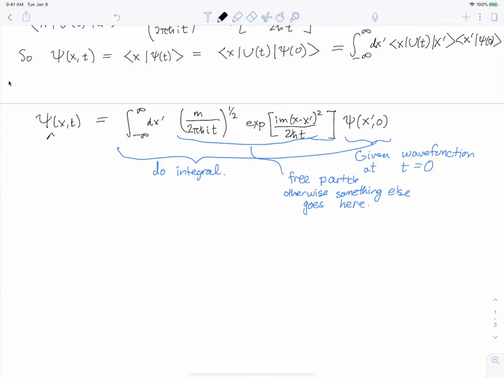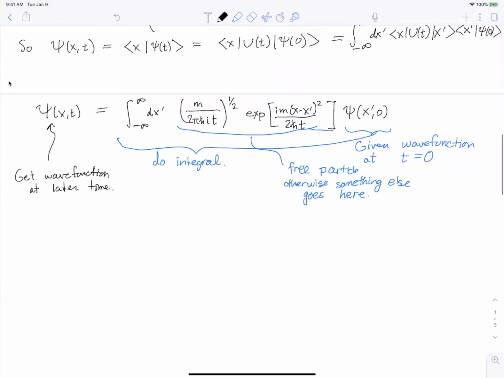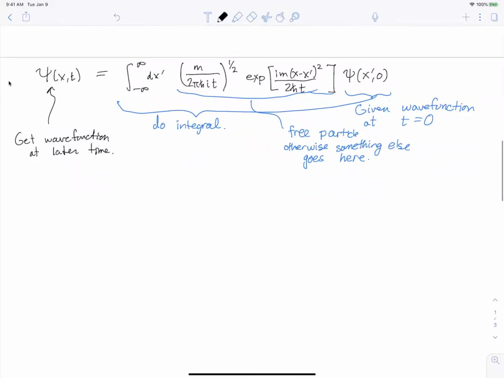Okay, and so in the end, you get a wave function at a later time. All right, questions on that so far? Okay, so we can do a nice example, which is the spreading of a Gaussian wave function.